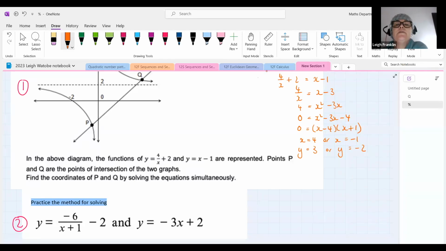Okay, so here's the answer to number 1. So I got x is 4 or minus 1, and y is 3 or minus 2 for number 1. They did specifically say the coordinates of P and Q, so the coordinates at P would be -1 and -2. The coordinates at Q specifically would be 4 and 3.